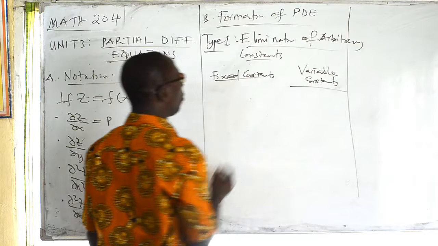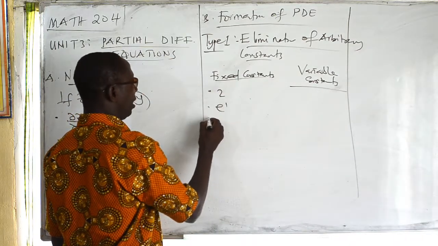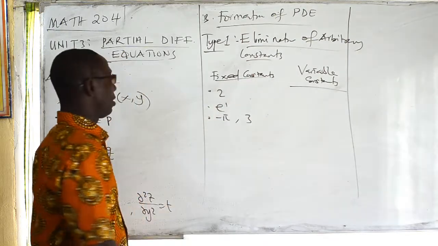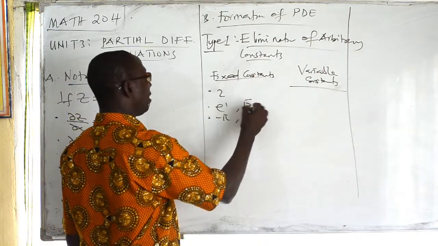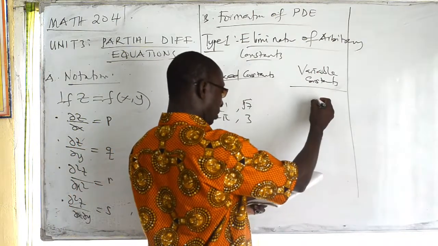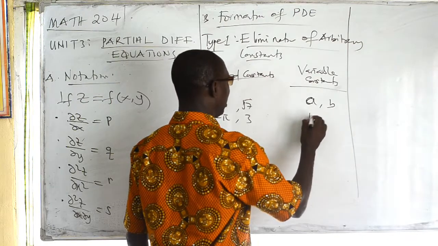Fixed constants are like 2, e to the power minus 1, minus 5, 3, root 7. These are fixed constants. A variable constant is something like A, B, K, C.